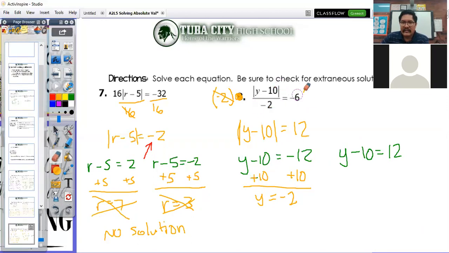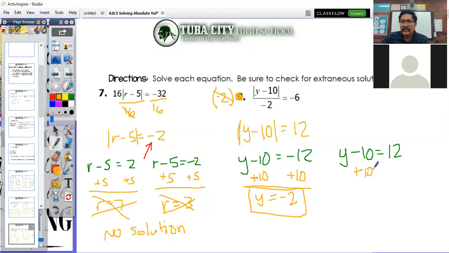So I'm going to erase these so we can see it a little bit easier. y is -2 now. So -2 minus 10 is going to be -12. But again, take the absolute value of -12. You get +12. +12 divided by -2 is -6. So this works out.